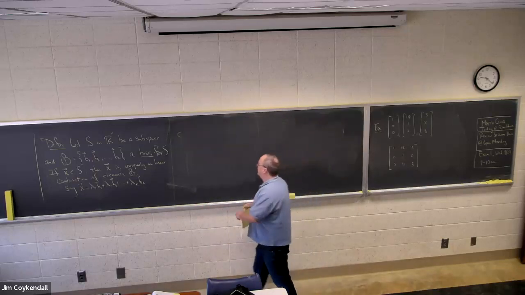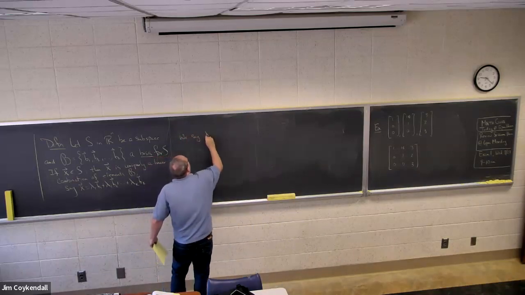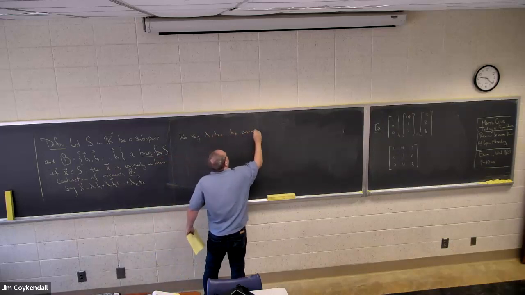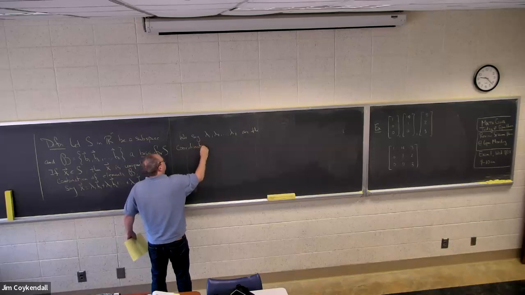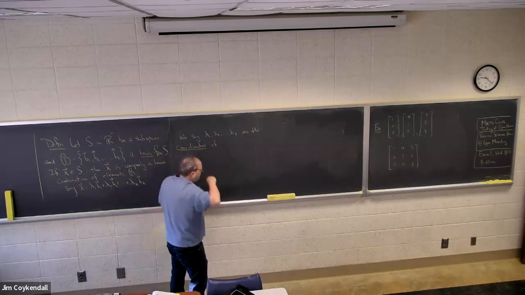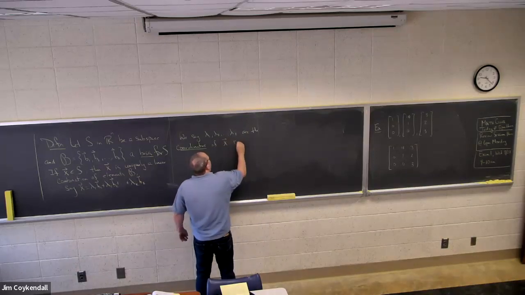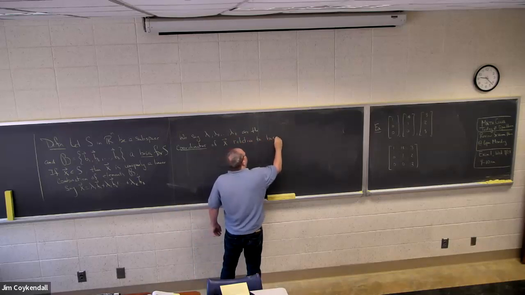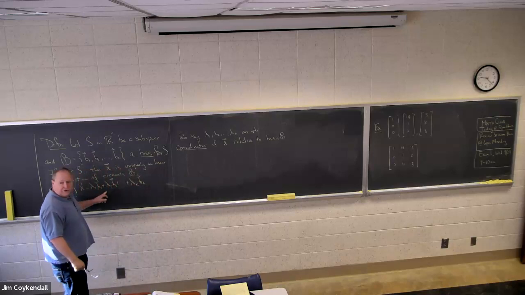Then we say lambda 1, lambda 2, up to lambda k are the coordinates of x relative to the basis B. In other words, the coordinates, in order, are just the numbers that you need to make that linear combination be x.